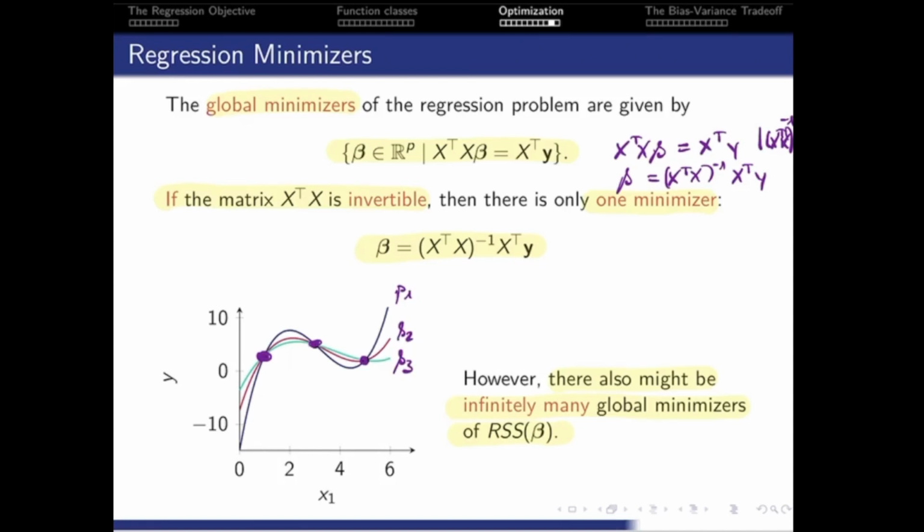We might see an example of this in one of the exercises or the homework. If we have infinitely many global minimizers, then we have a bit of a problem of which to choose, or whether we should choose another function family, maybe a polynomial of a smaller degree or something like that.